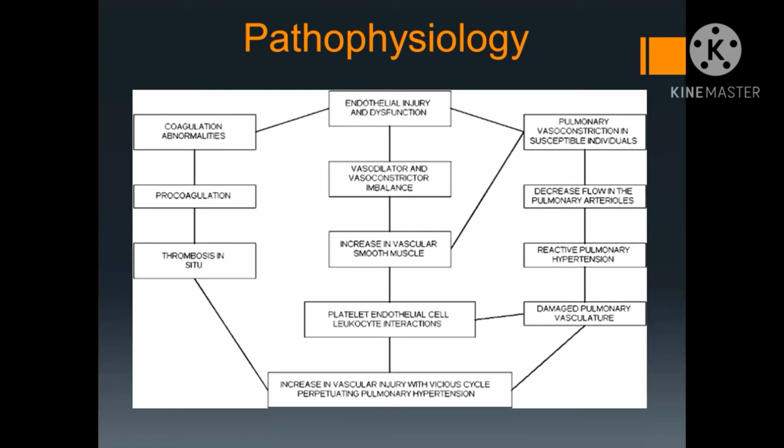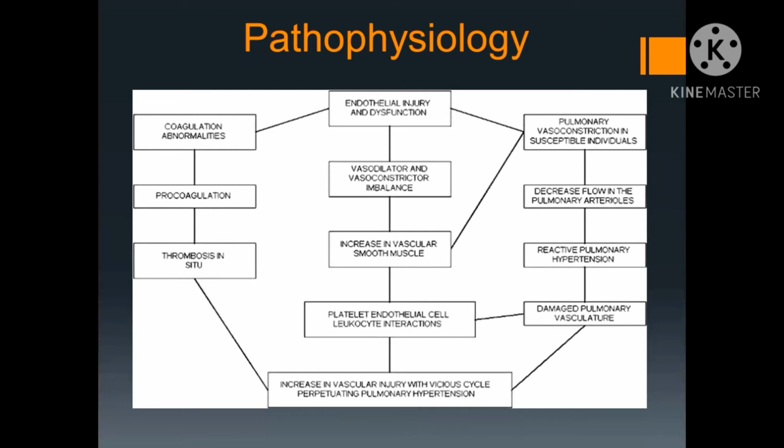Patients with heart and lung diseases experience pulmonary vasoconstriction that leads to an increase in vascular smooth muscle and decreased flow in the pulmonary arterioles due to left ventricular dysfunction, which elevates left ventricular filling pressure, resulting in a passive increase in pulmonary venous pressure.